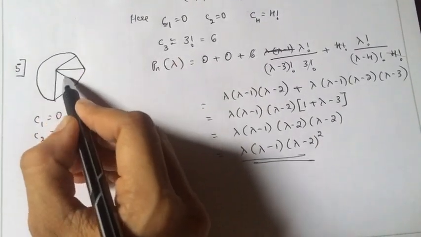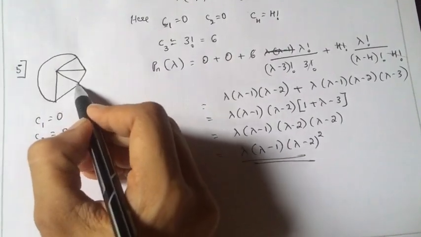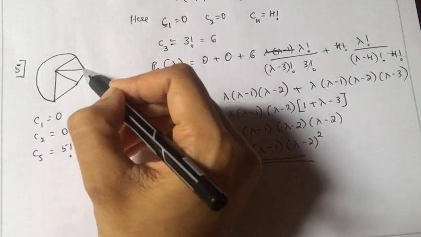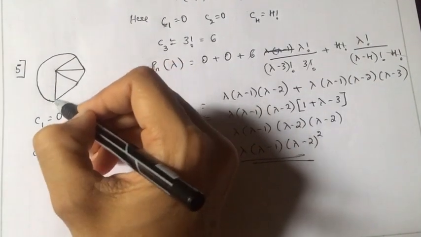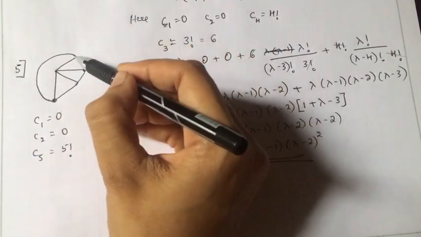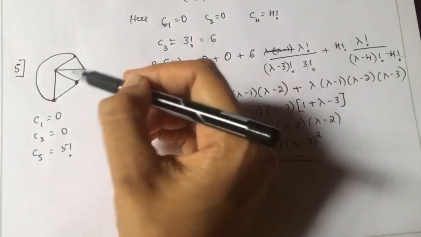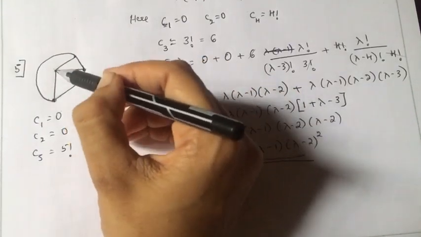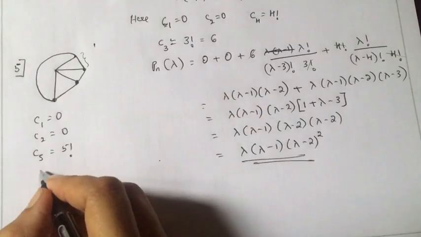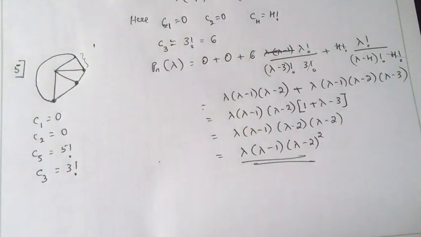So when I color 3 colors for these 3 vertices, then these two will have only one option, that is, this vertex is colored with the color of this, and this vertex is colored with the color of this vertex. So when I color these three, these two will carry only one option each. Therefore, c3 is nothing but 3 factorial.